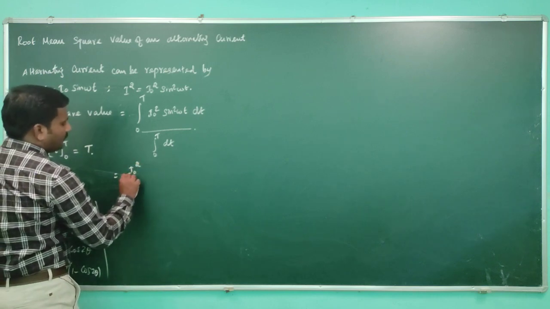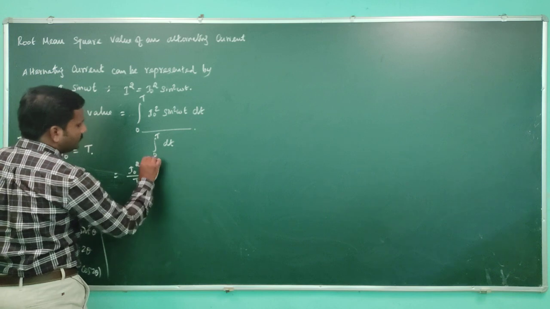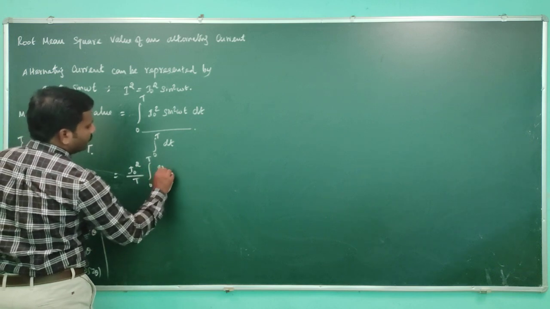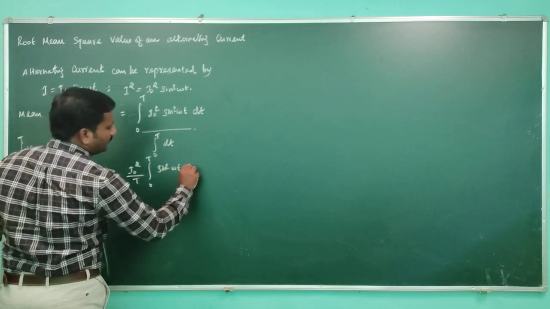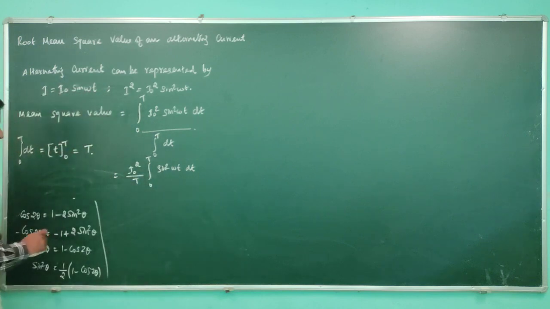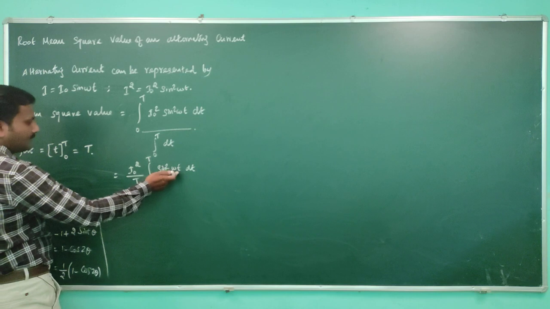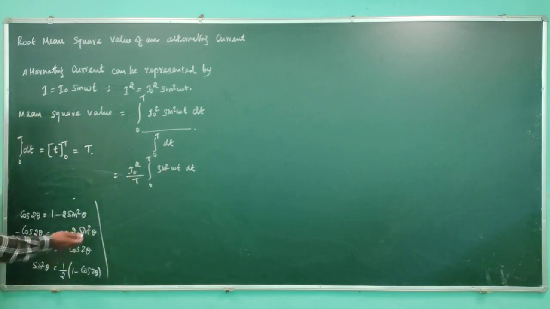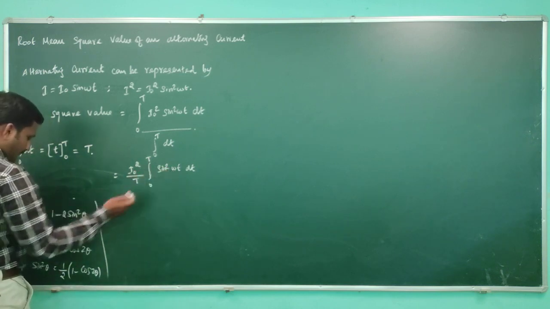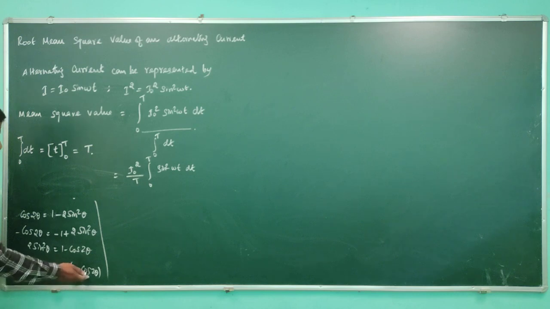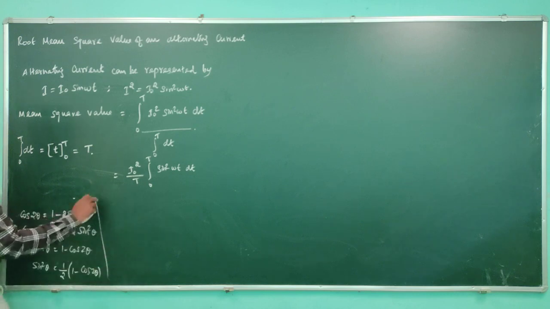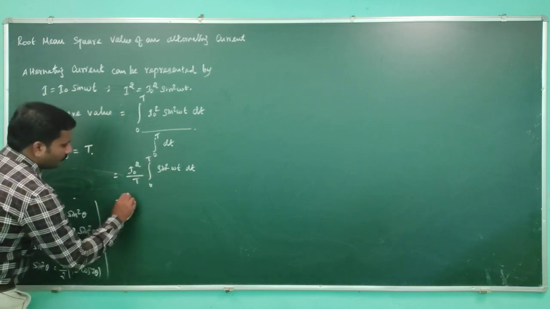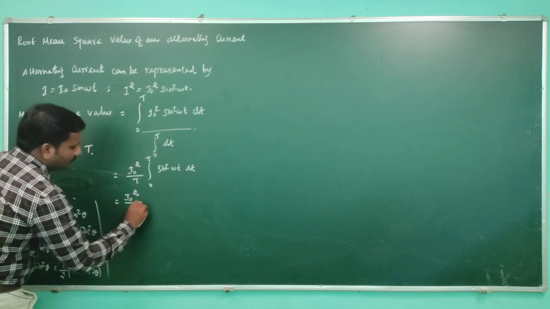So let's write this equation here. I naught square by T, integral of 0 to T sin square omega t dt, right? Now in place of sin square theta, theta is nothing but omega t, so sin square omega t is equal to 1 by 2 times 1 minus cos 2 omega t.